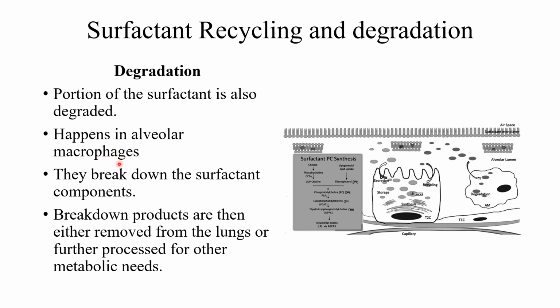What they do is phagocytose the surfactant and break it down into its respective components. These components can then either be removed from the lungs, or they can be used by the alveolar macrophages for their metabolic needs. I'm imagining it will use the glycerol for energy production. So these are the two things that happen to the surfactant. It can be recycled or degraded.